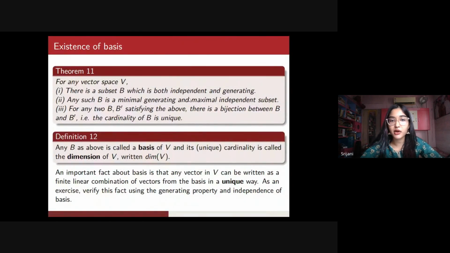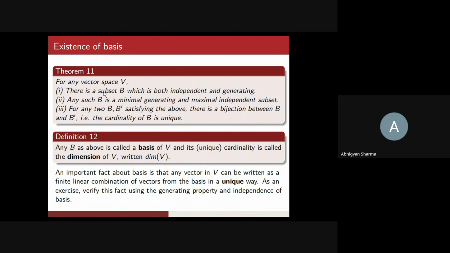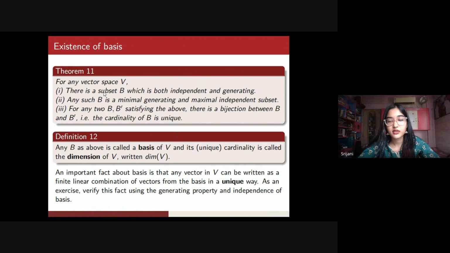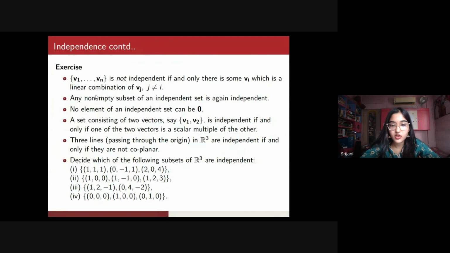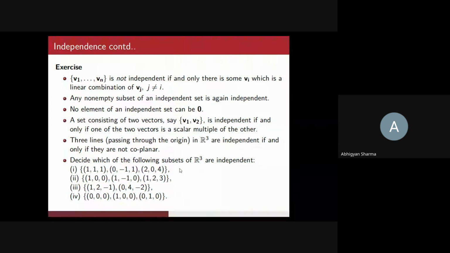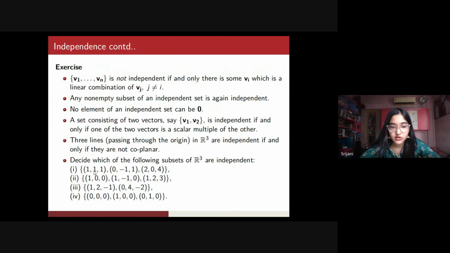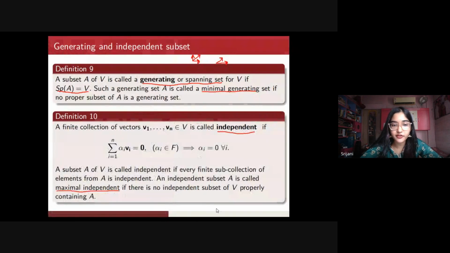So now, about this minimal generating, maximal independent thing. Ma'am, can you please explain how to check if a set is independent? Yes. It is a bit difficult to write here, but what is the definition?